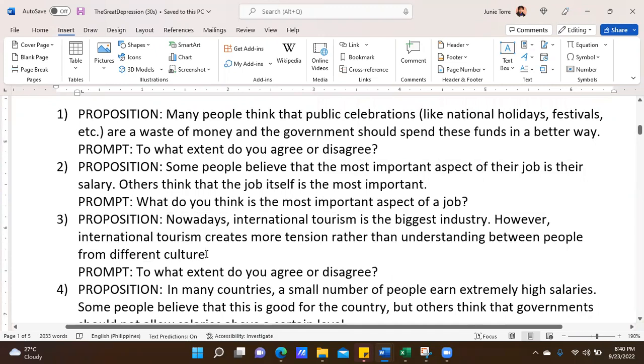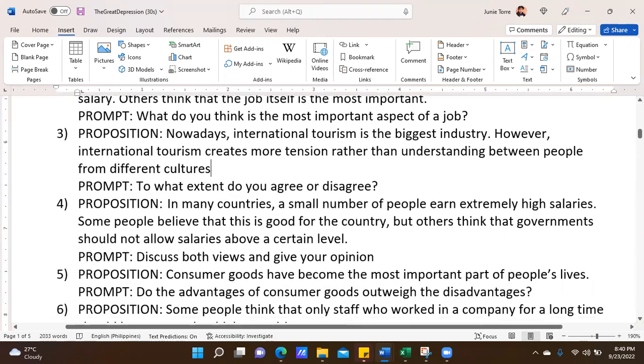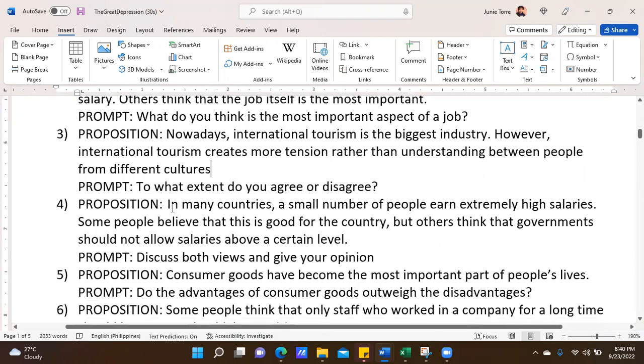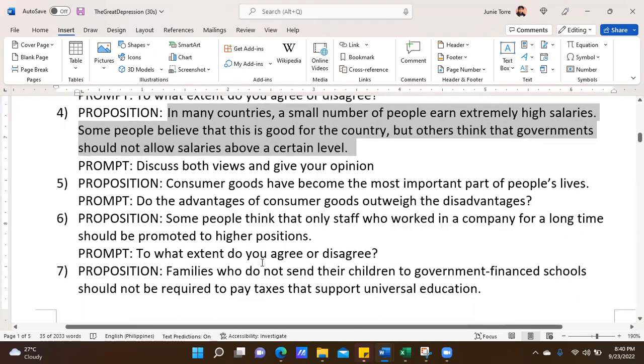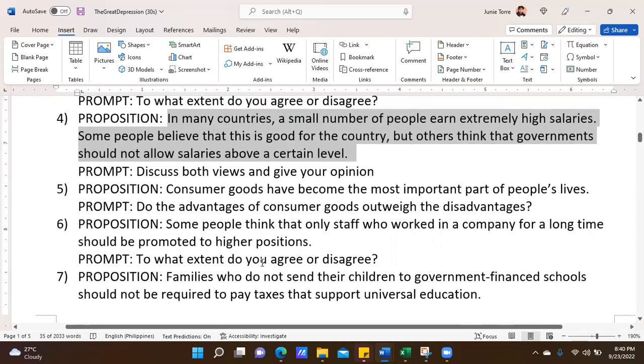We need to save there. In many countries, a small number of people earn extremely high salaries. Some people believe this is good for the country, but others think that the government should not allow salaries above a certain level. That's what you call the salary cap. No? Maybe referring to actors, entertainers, businessmen, singers.